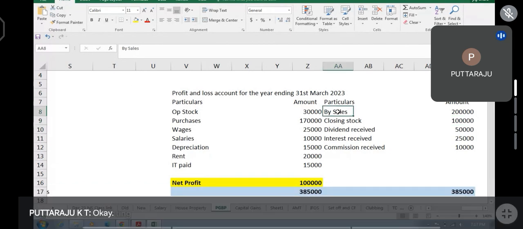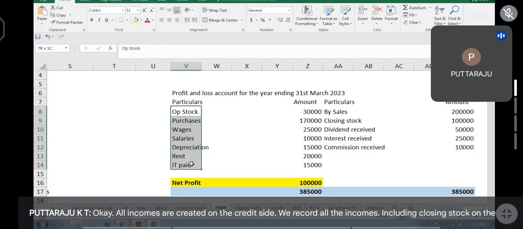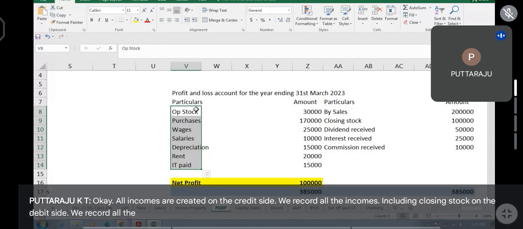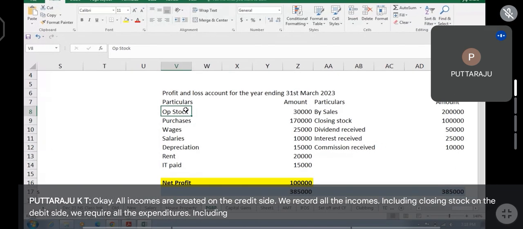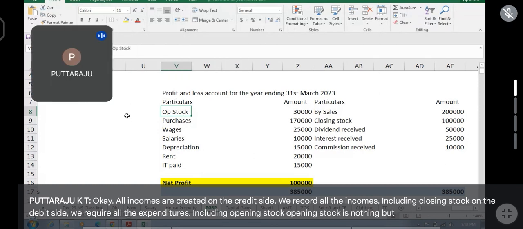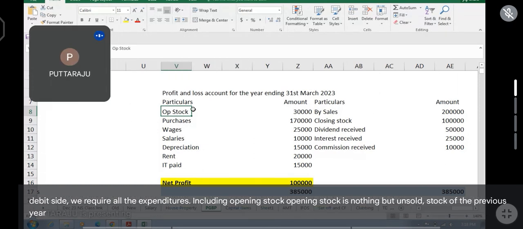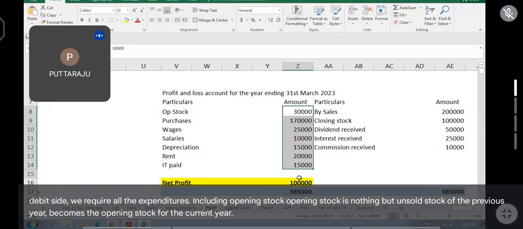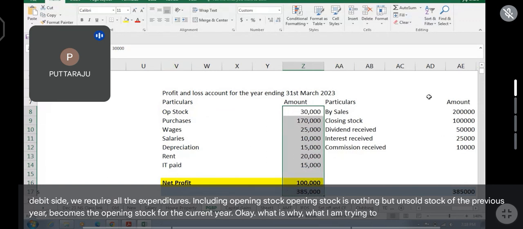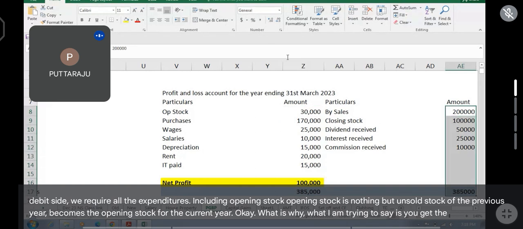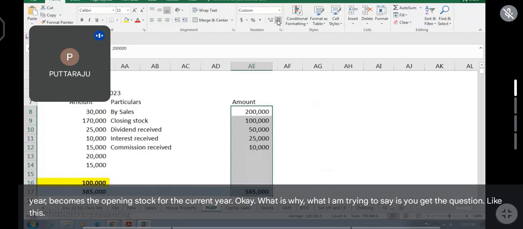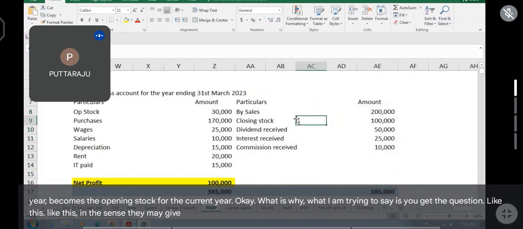All incomes on the credit side, we record, including closing stock. On the debit side, we record all the expenditures, including opening stock. Opening stock is nothing but the unsold stock of the previous year, which becomes the opening stock for the current year. You get a question like this: they may give a P&L account.